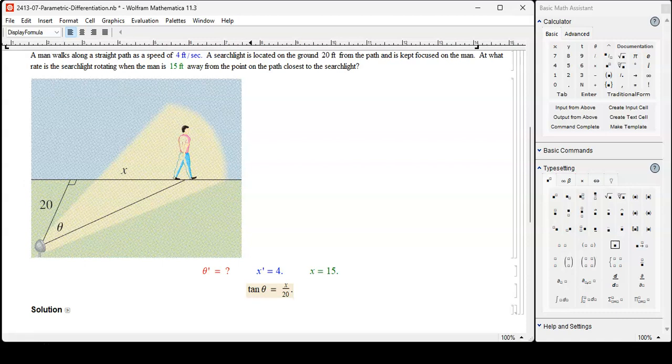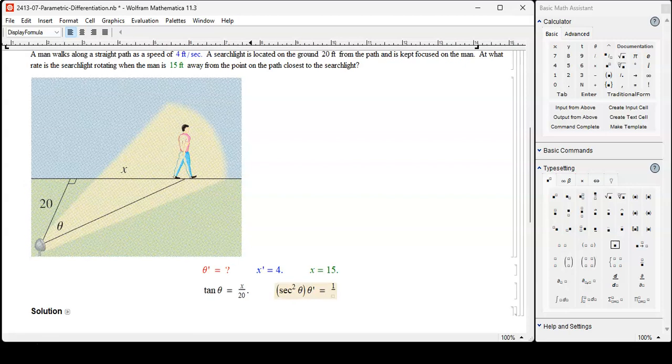Okay, all right. Let's take the derivative. Take the derivative implicitly. The derivative of tangent, we call that secant squared of theta. And then don't forget theta prime. How about the right hand side?